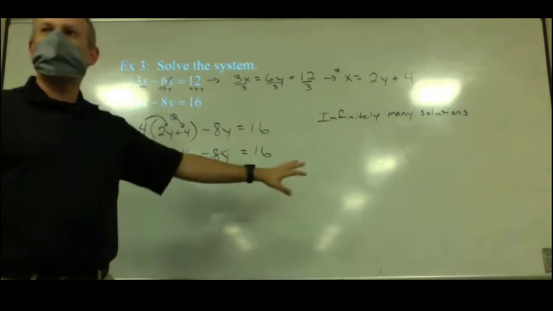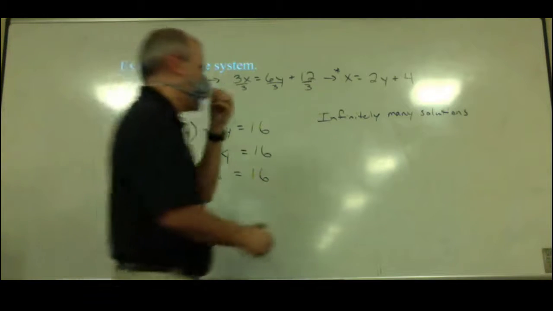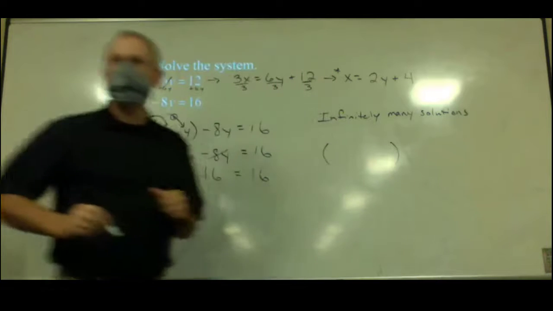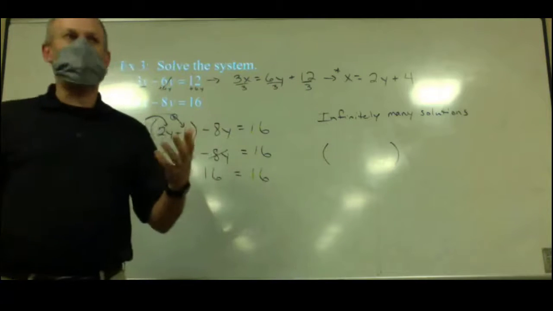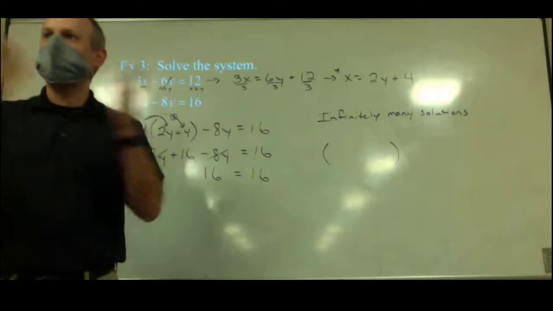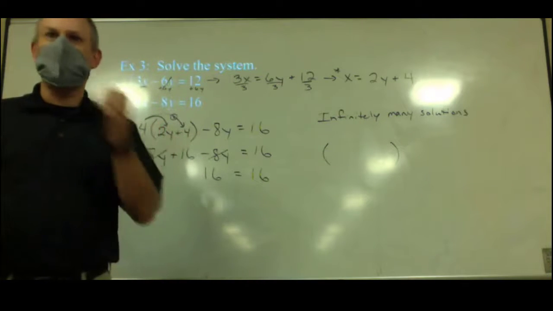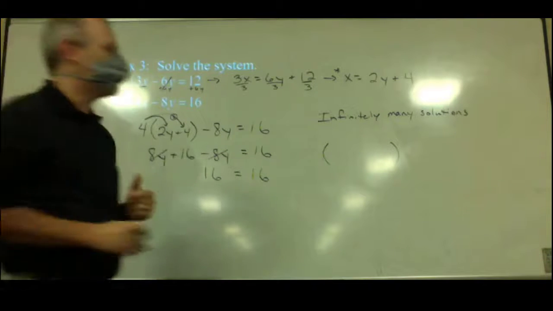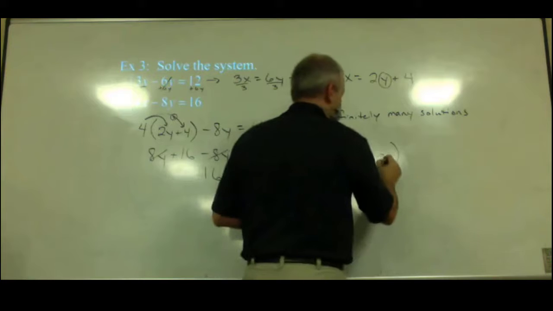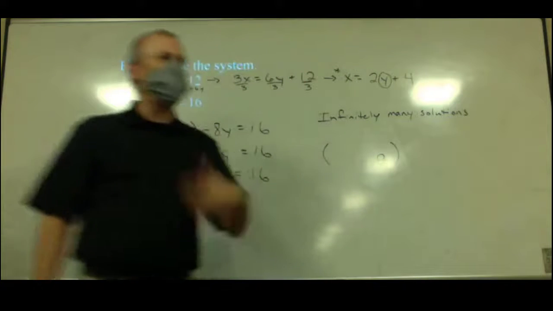So this might be different than the answer I have on here because you can do this different ways. But here's what we do. We want to describe the x and the y coordinates. But there's an infinite number of them, so we can't just say like 5, 6, and 2, 3, and whatever. That would be impossible to list them all. Does that make sense? So we kind of describe the pattern, and here's the pattern. The pattern is we can choose any number that we want to be y. And a lot of times they'll use a, I think, for any number.